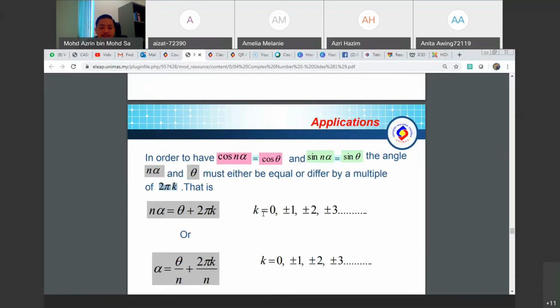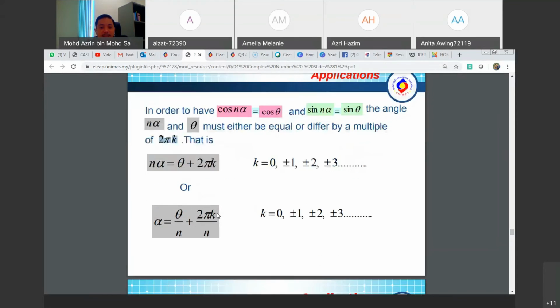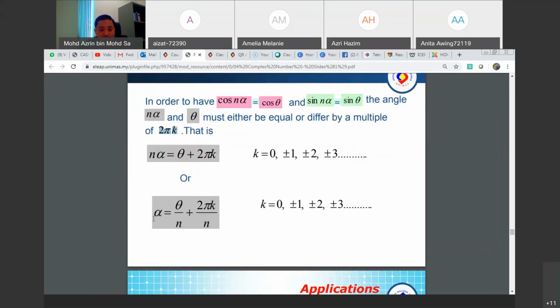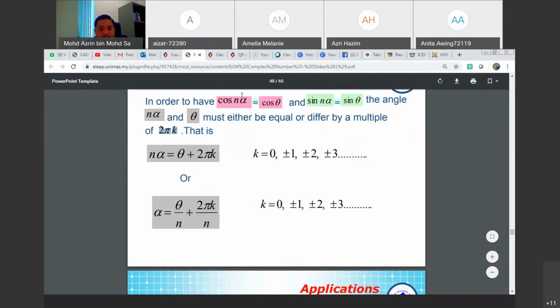K can be 0, positive or minus 1, positive or minus 2, and so on. So n alpha equal to theta plus 2 pi k. Actually, we can find that alpha itself is theta divided by n plus 2 pi k divided by n. So alpha ni nak cari sama dengan theta over n plus 2 pi k over n.